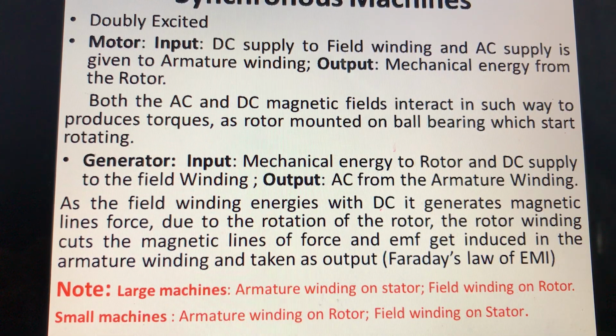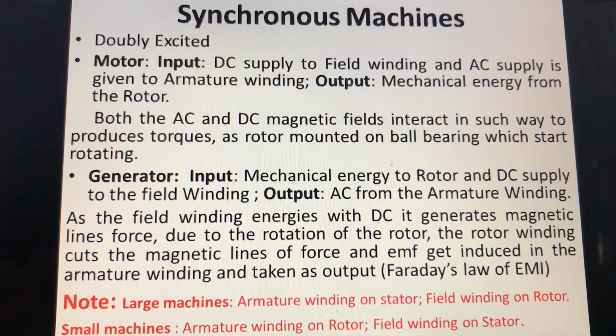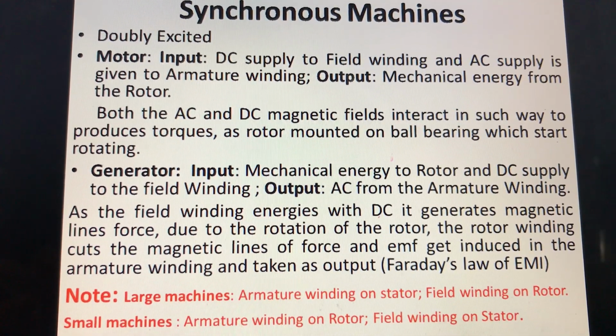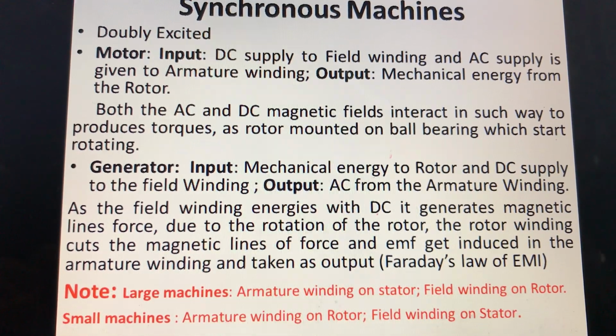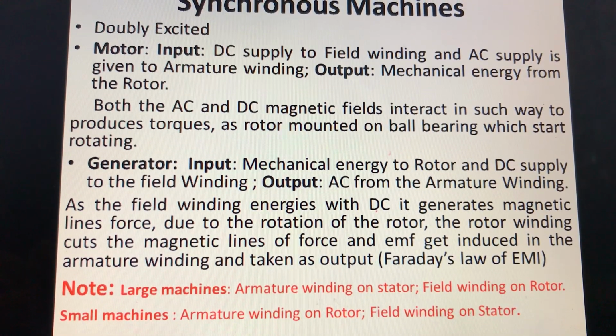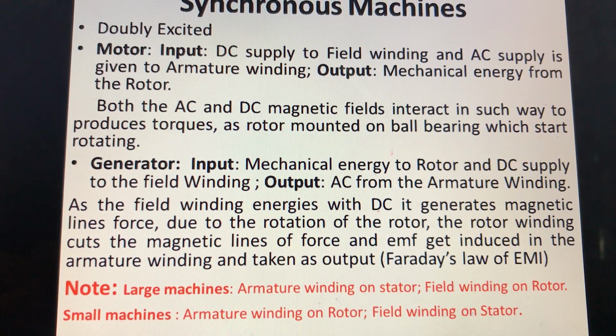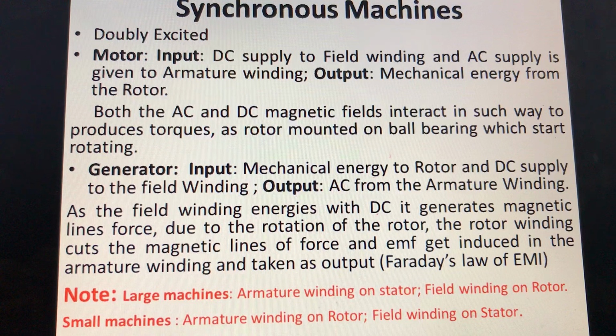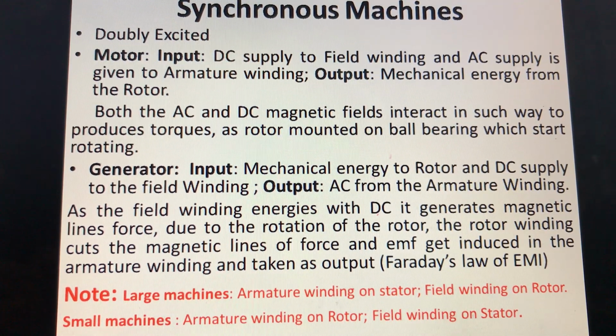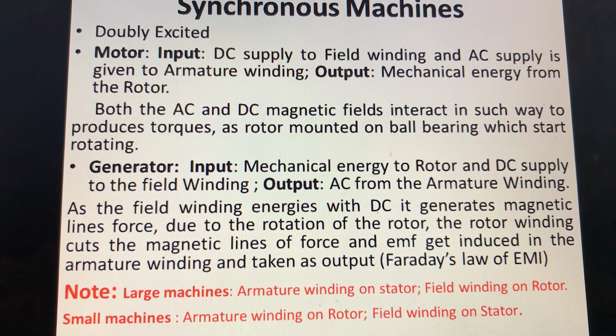Now, why do we do this? For large machines, if we put the armature winding on the rotor, it is very difficult to provide that high insulation at the rotor, but it is possible to provide that high insulation at the stator. Moreover, a large amount of energy is generated in the armature winding.